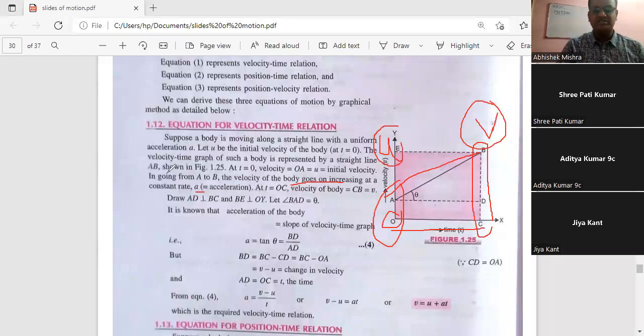OA represents the initial velocity and CB represents the final velocity. Immediately through the chat box, students, give me the reply. Okay, I got a reply from Anupam. I'm waiting for your responses, students, so that I can progress further.